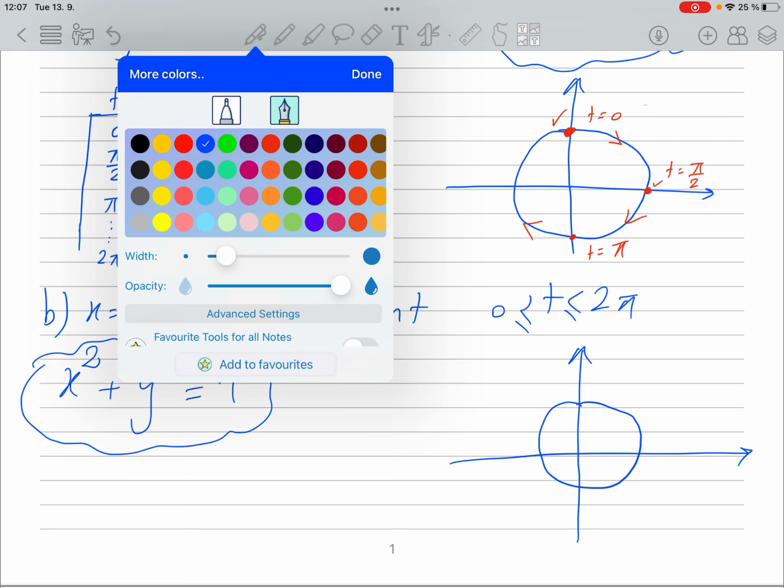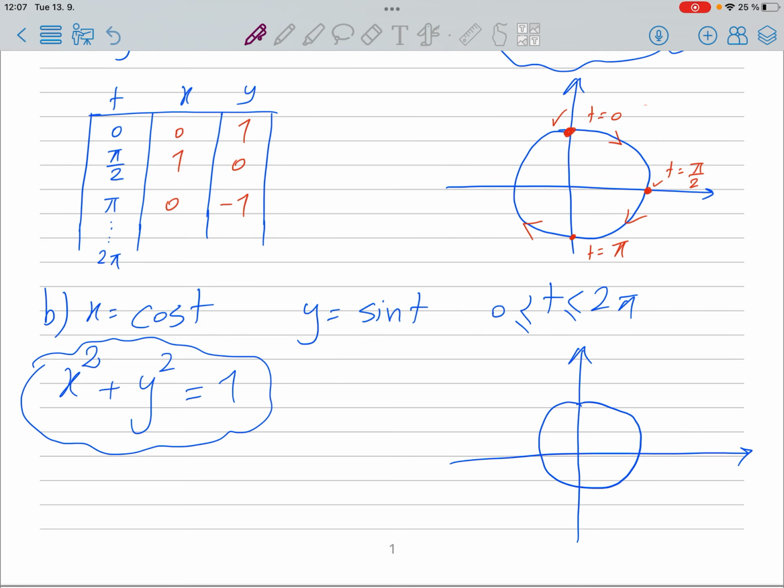Now to indicate the direction, you can draw a table for different values of t and then obtain the different values of x and y. For example, for t equal to 0, pi over 2, and pi would be enough, but you can continue as I said before.